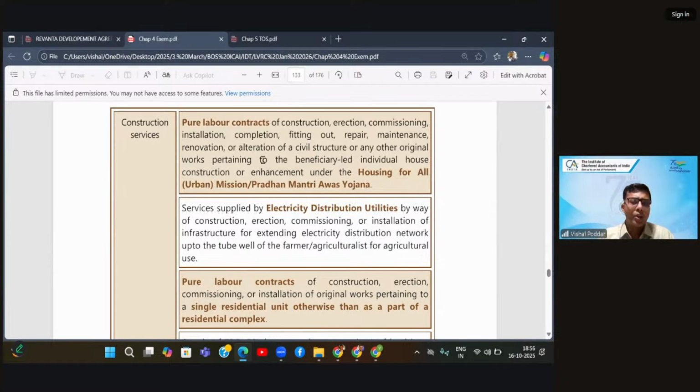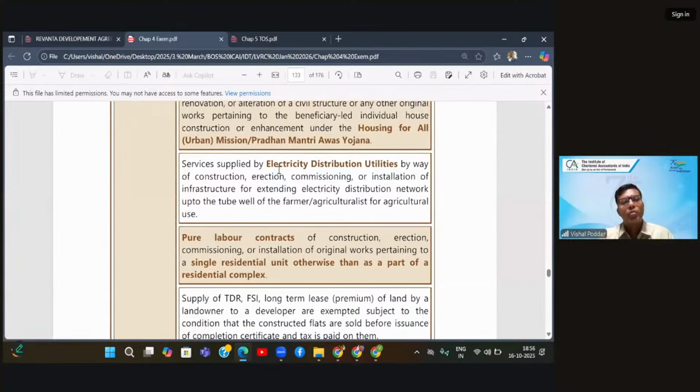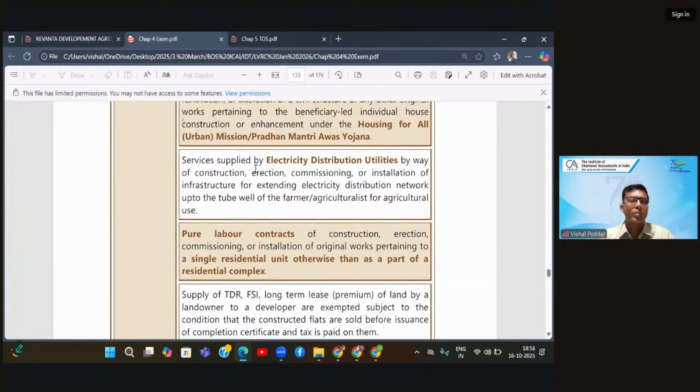It is related to the work of beneficiary-led individual house construction under the Housing for All mission. So we all know the government presently has one of the most ambitious schemes of providing houses to all. Under this scheme, wherever you are hiring a labor contractor who will be constructing your house, the charges paid to them for pure labor, that is only for services, no goods, are exempt.